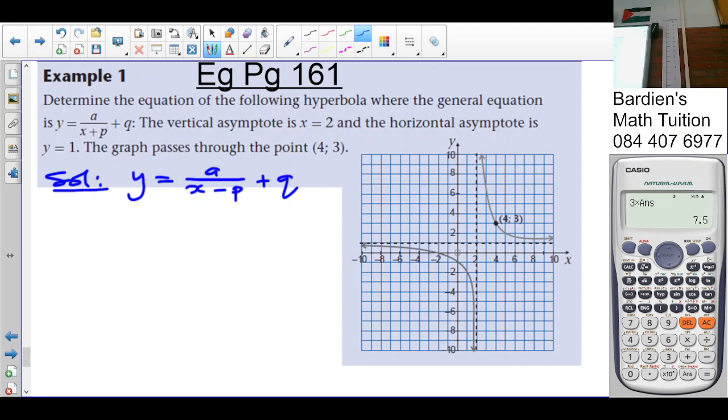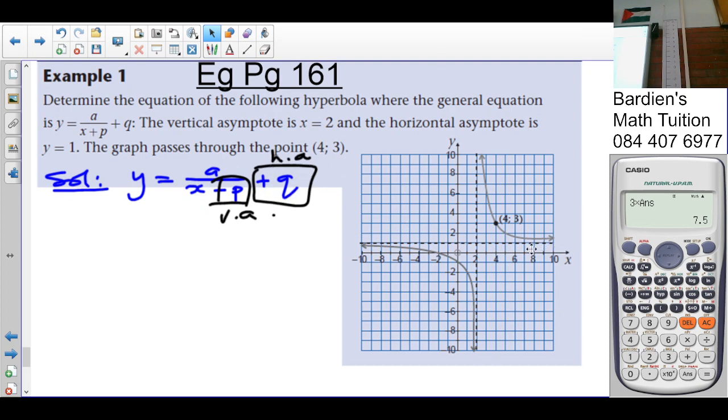But if there's a plus, it is the same. So the first thing is we know that q represents the horizontal asymptote, whilst p is the vertical asymptote. Are you all okay with that? So what is your q value?